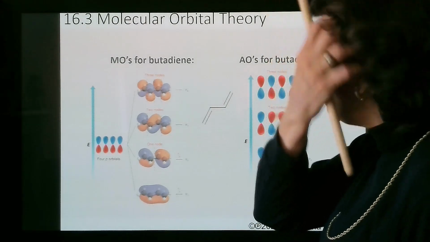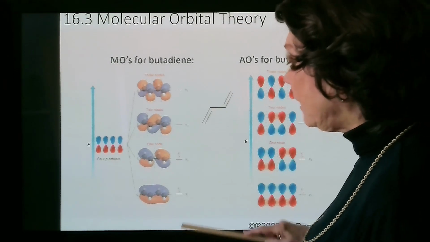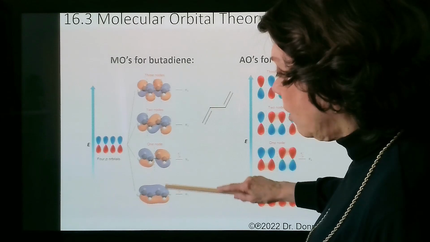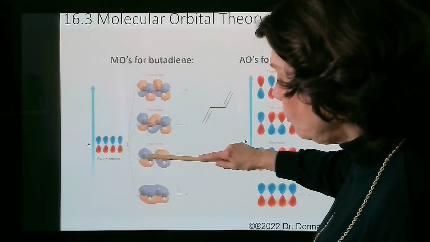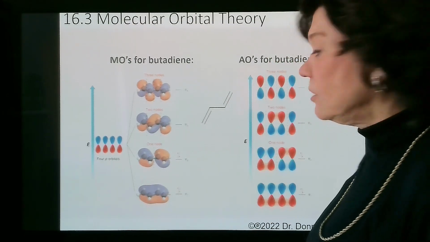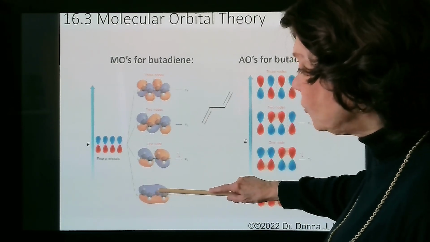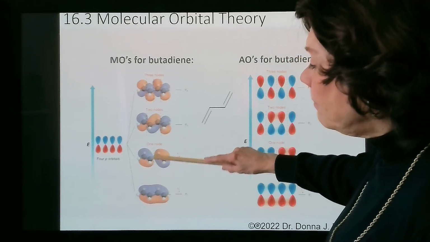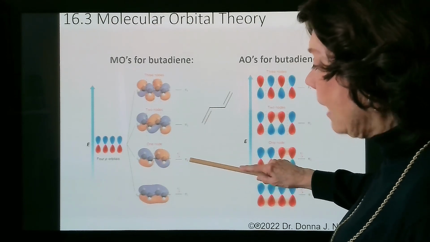So where will you be likely to find electron density? Since these 2 orbitals are the ones that are populated, you're going to find electron density between C1 and C2, C3 and C4. You would expect those to be equal because of the symmetry of the molecule, but you'll expect to find less between C2 and C3, because there's a node between C2 and C3 in psi 2.